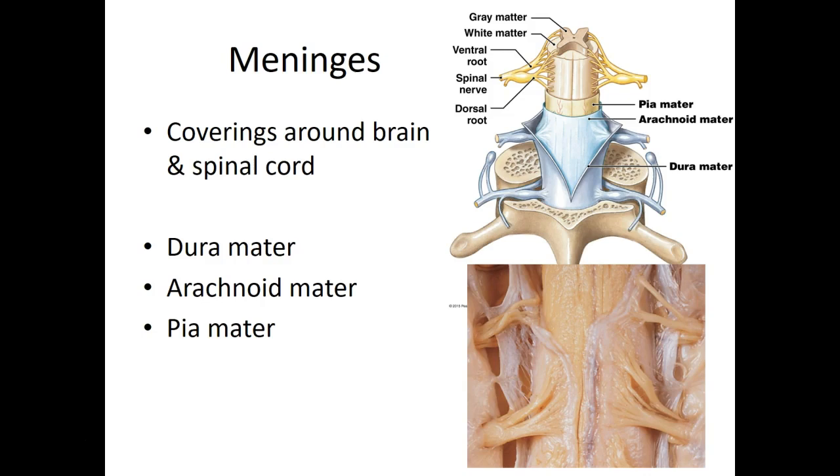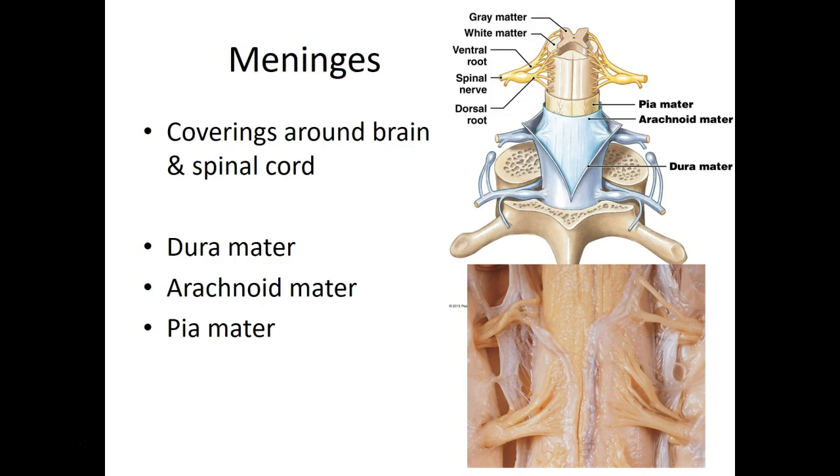Going in towards the nervous tissue, the next meningeal layer covering is called the arachnoid mater. So what comes to mind when you hear arachnoid? Spider. Yeah, exactly. So it gets its name because it has a tissue layer, and then it has kind of tendrils that extend down.